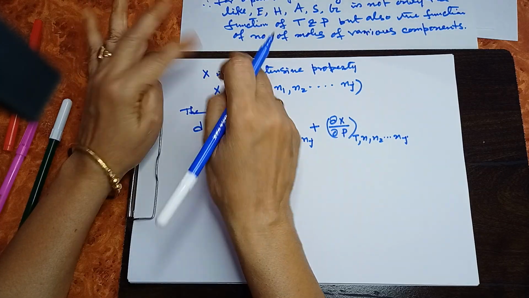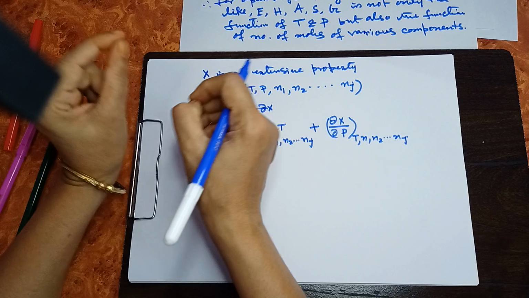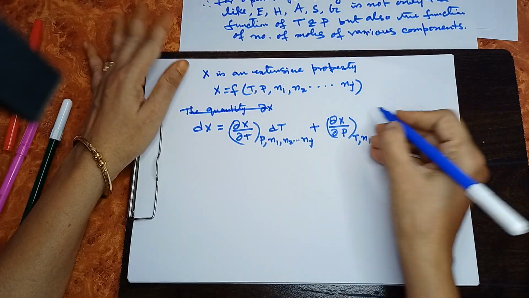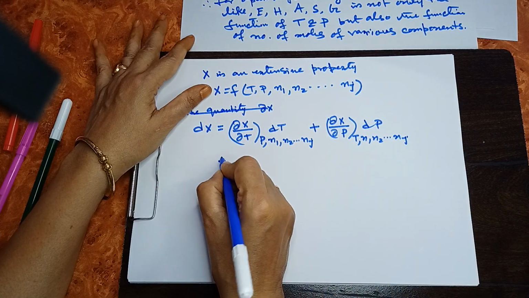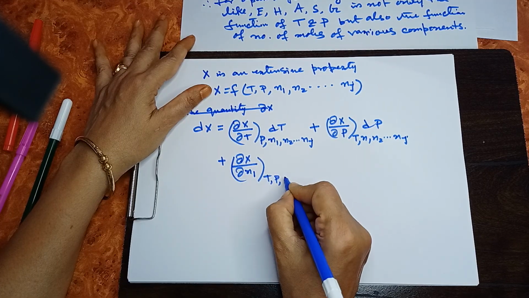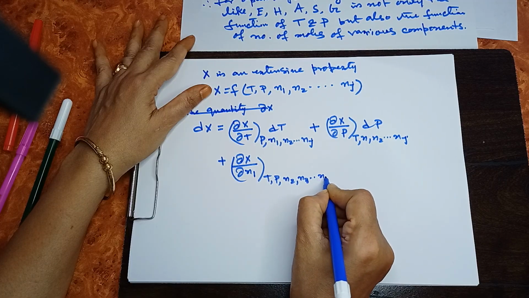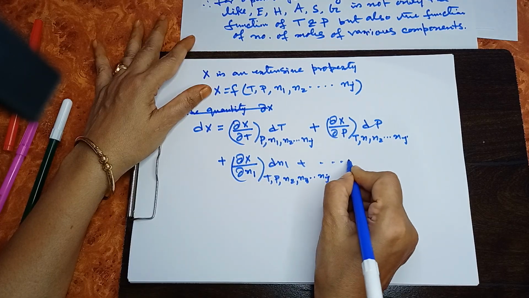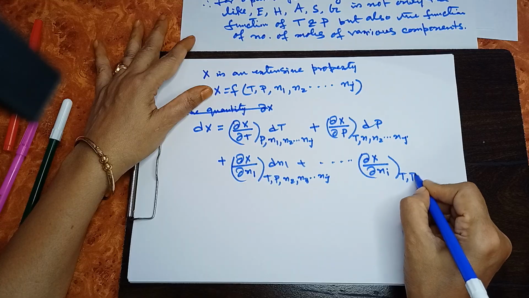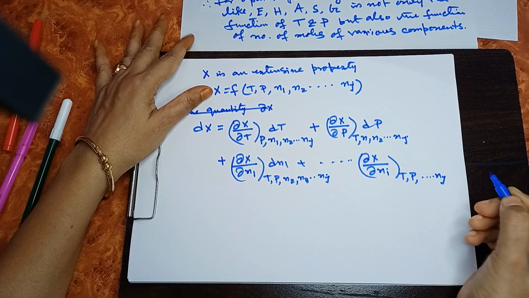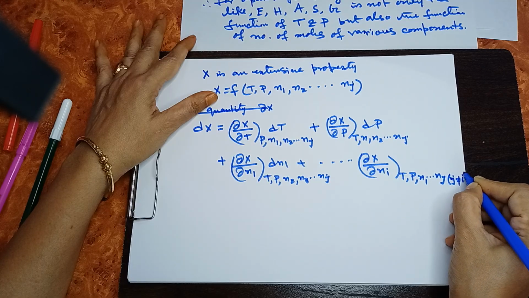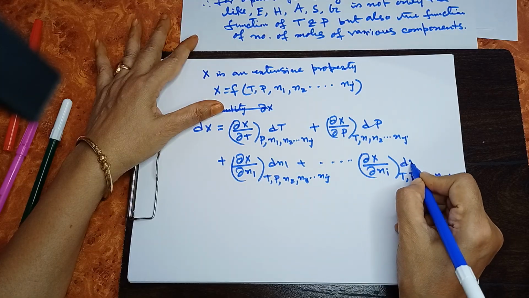dP plus (∂X/∂n1) at constant temperature, pressure and other components n2, n3, ..., nj, dn1 plus and so on, (∂X/∂ni) at constant temperature, pressure and nj, where j is not equal to i because it is varying with the ith component, then dni.